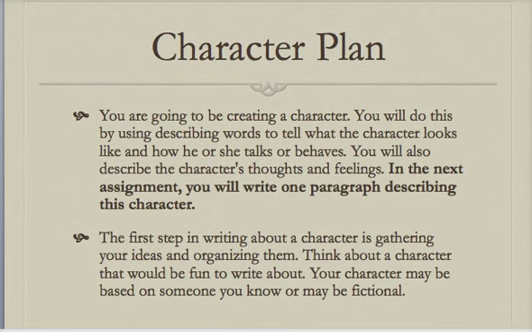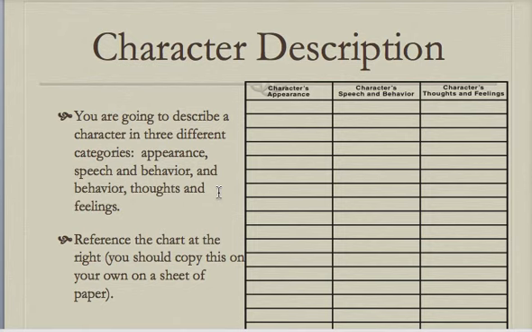So, character description. You're going to describe your character in three different categories: their appearance, their speech and behavior, and thoughts and feelings. Looks like there is a typo in that paragraph. It says and behavior twice. Sorry about that. So it says reference the chart at right, and you should copy this on your own sheet of paper, and you don't need to print it out or anything.